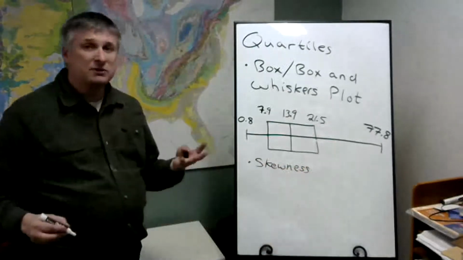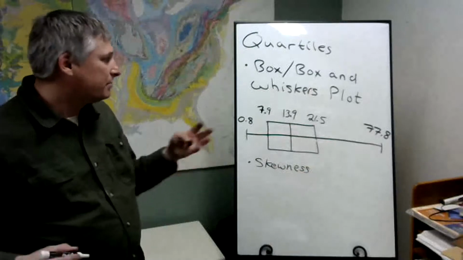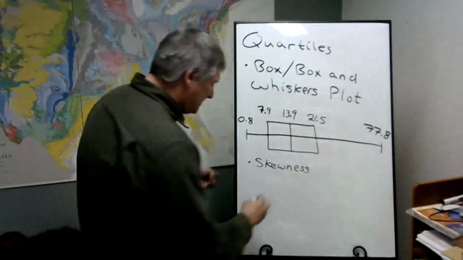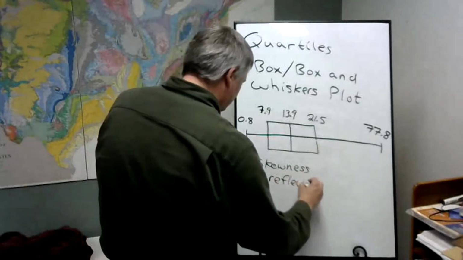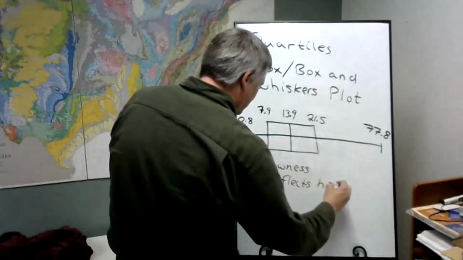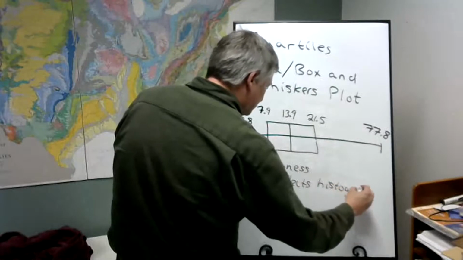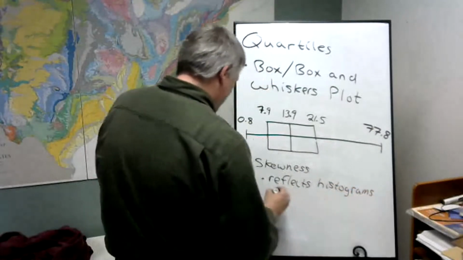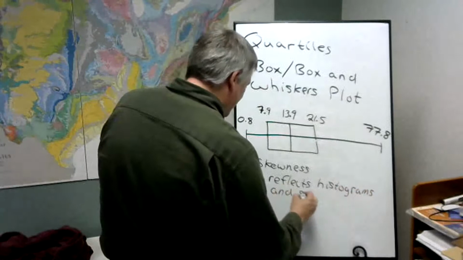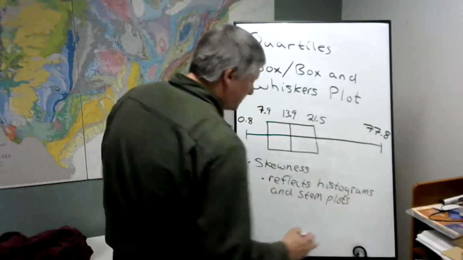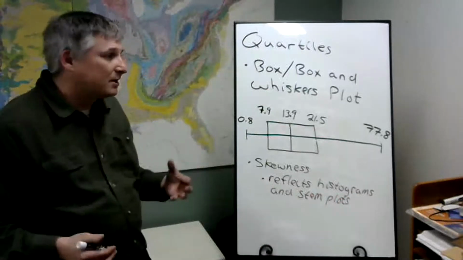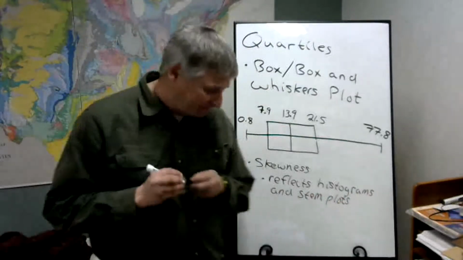We can see skewness in a box plot or box and whiskers plot. And this reflects histograms and stem plots. Because remember, with stem plots and histograms, we could also see skewness.